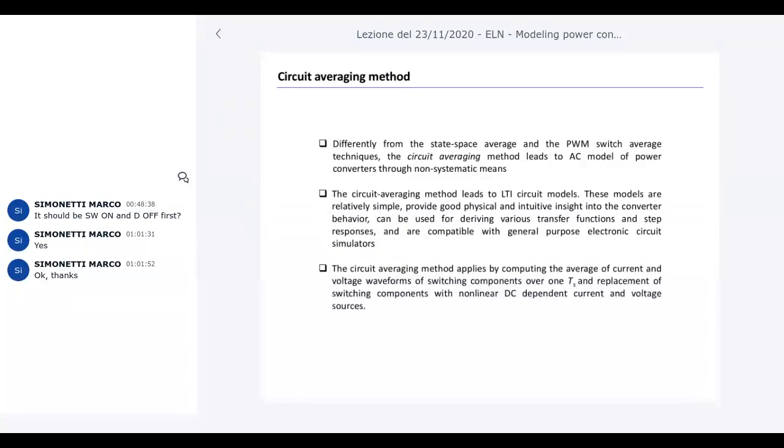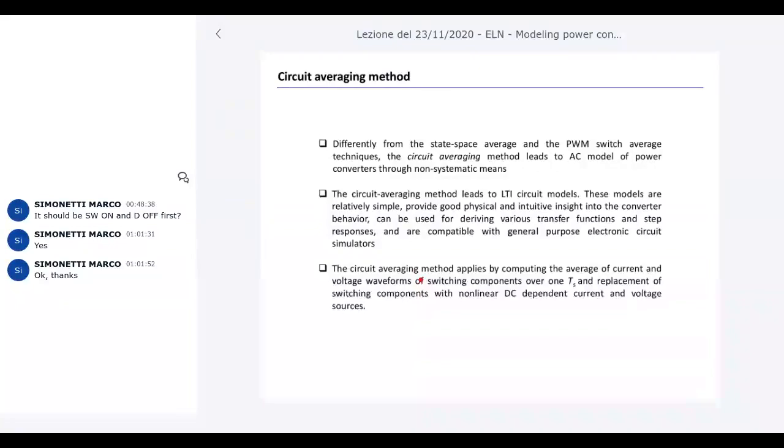And then there is something in between, which is the pulse width modulation switch averaging techniques, that try to combine both techniques, if you want. So what is the main feature of these methods? When you look at switch mode power converters, anyone understands that the problems, the time variant issue of this converter, are due to the switches.